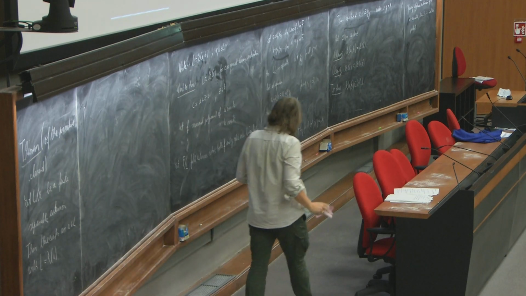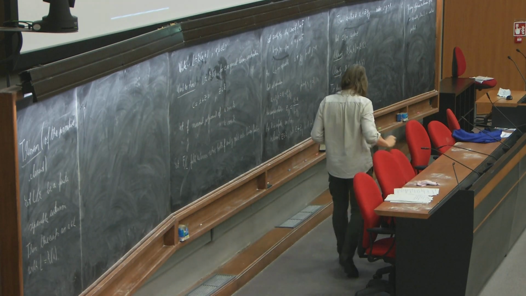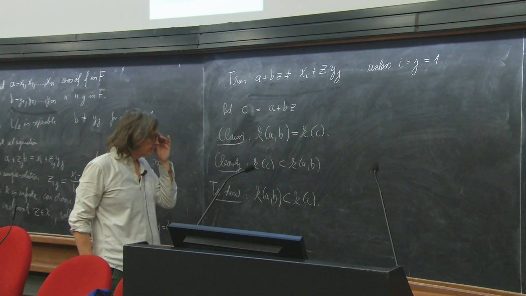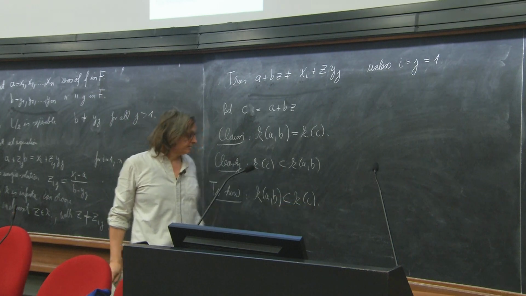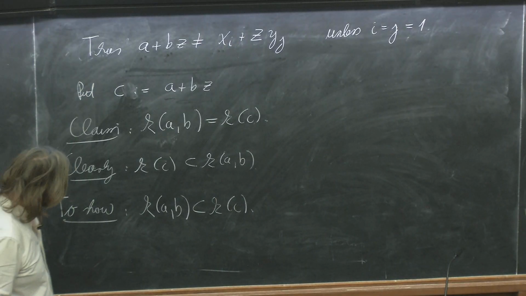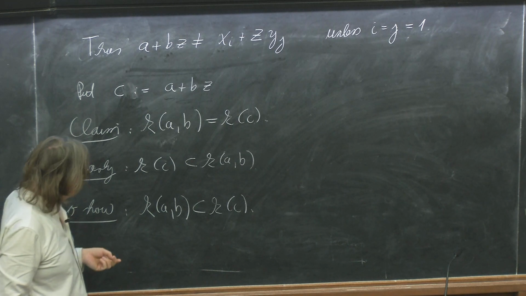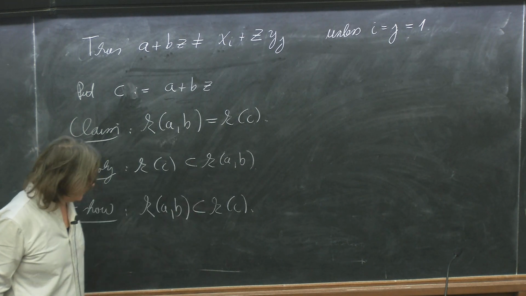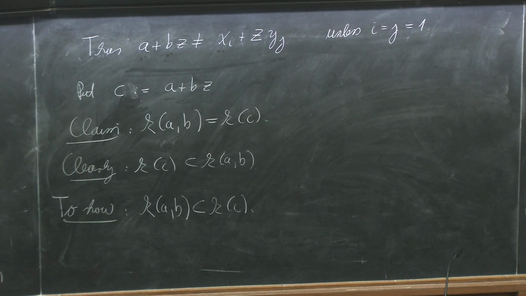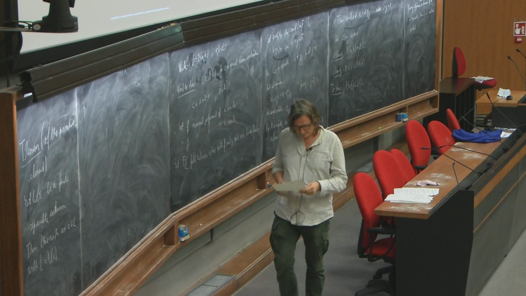So we will want to show this by showing that we can express b as an element in K(c). And in fact, we will want to show that X minus b is a polynomial with coefficients in K(c), which is the same. And this we show by showing that it's the greatest common divisor of two polynomials with coefficients in K(c).